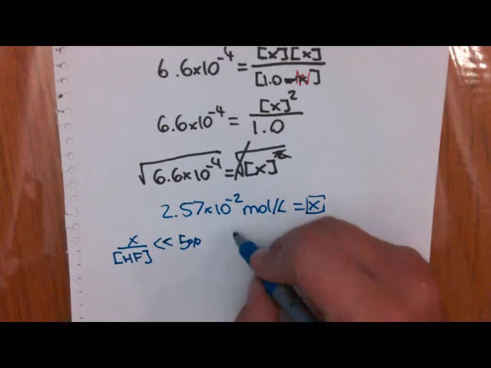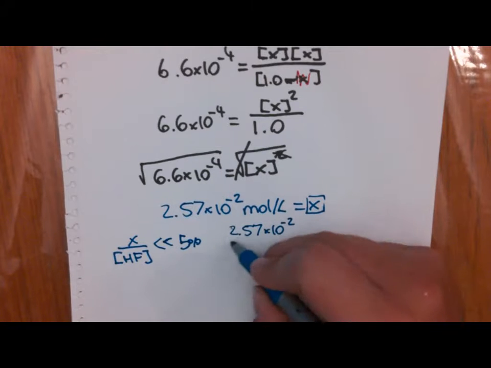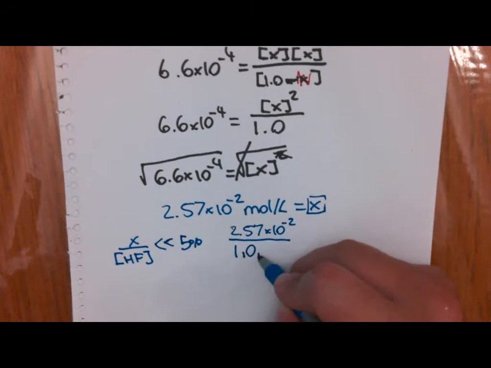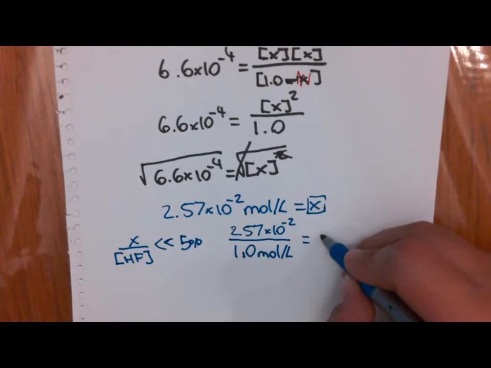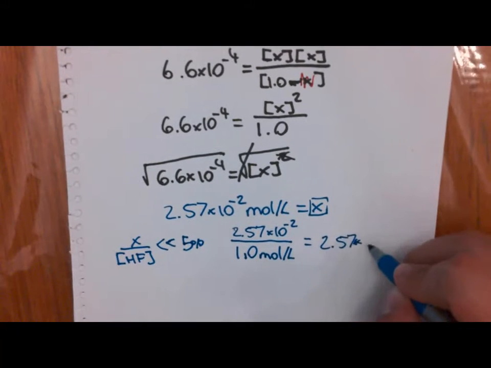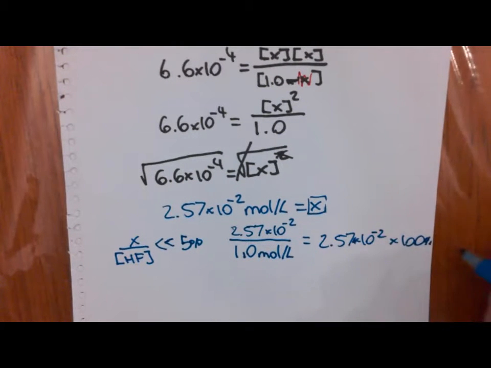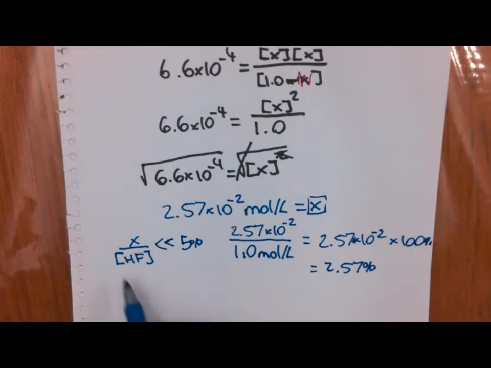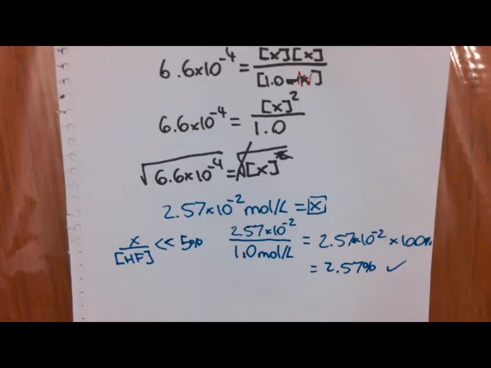So if our x value is 2.57 times 10 to the negative 2, and we divide that by our initial concentration of 1 mole per liter, that gives us 2.57 times 10 to the negative 2, times 100% is 2.57%. That is less than 5%. So we can say that yes, our assumption is good.